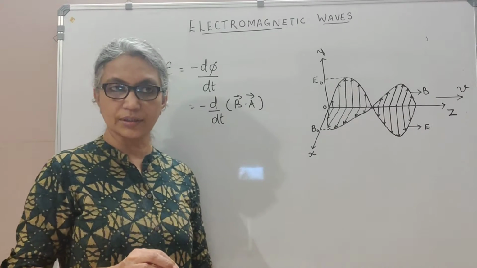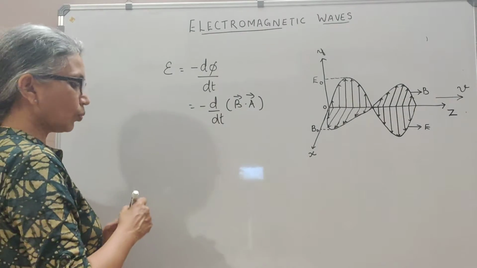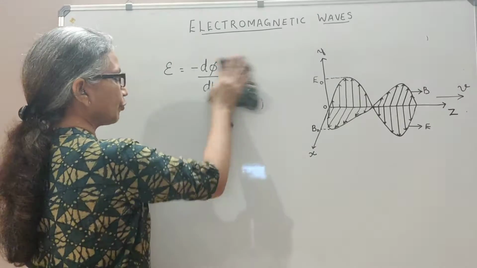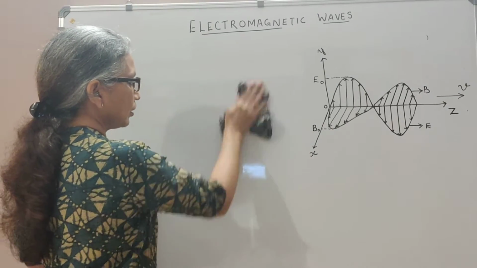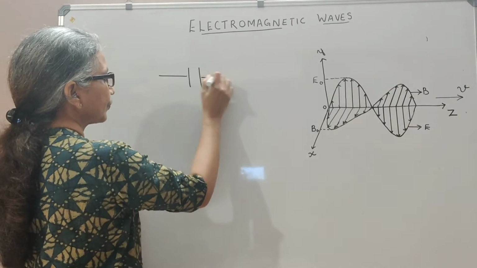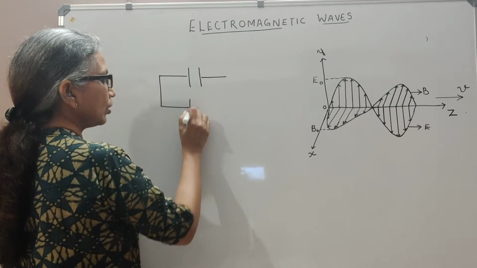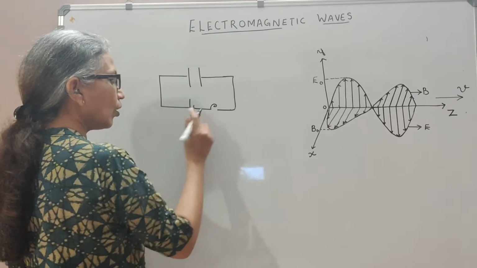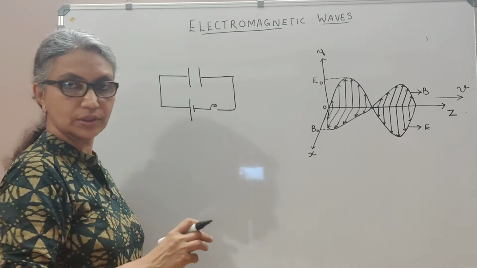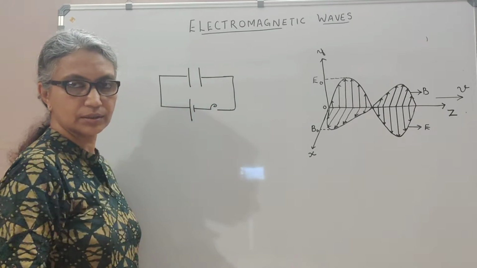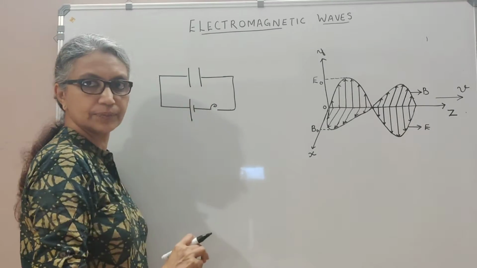In order to study this, we look at the case where we have the plates of a capacitor. Let's say we have a capacitor which is connected to, you may connect it to a DC source or you may connect it to an AC source. If it's an AC source, it will provide a time varying current which will charge the plates.